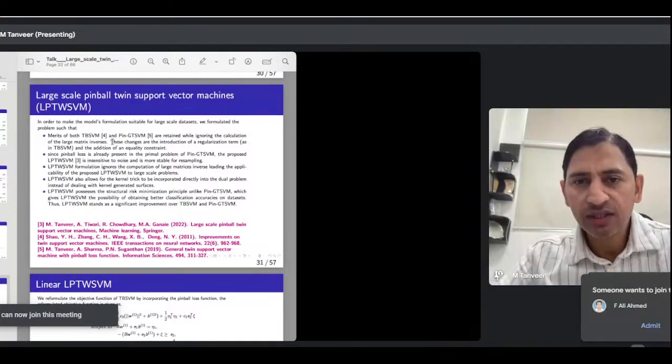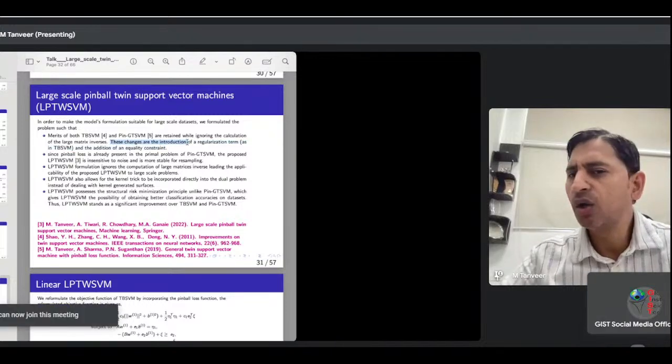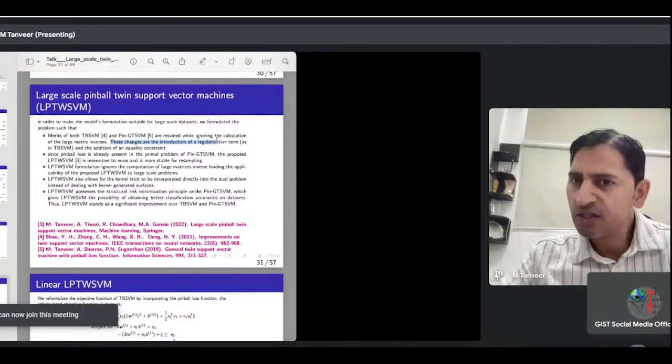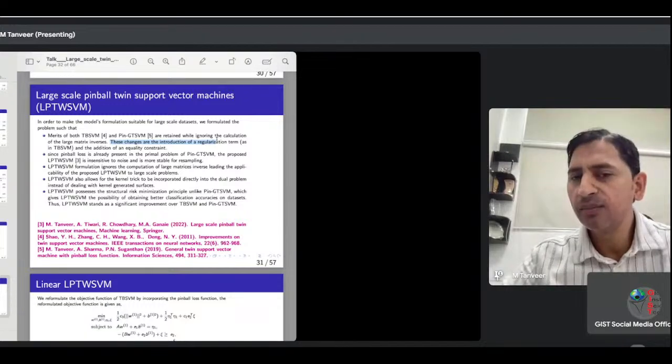The second change is the introduction of a regularization term, as we have seen in TBSVM, and we also added an equality constraint.